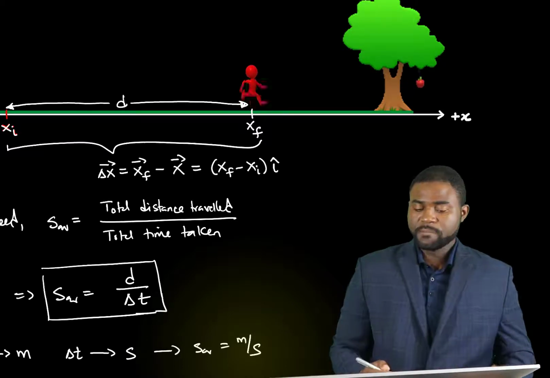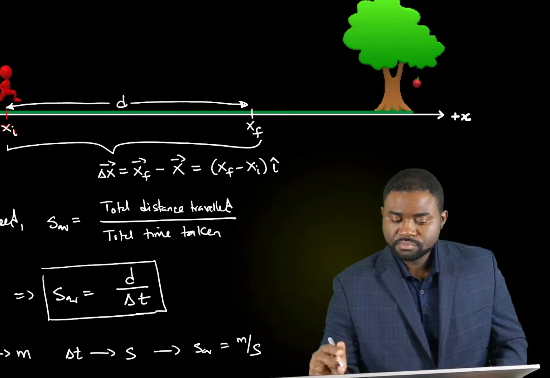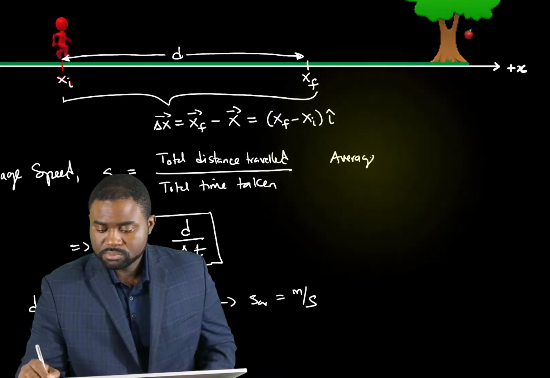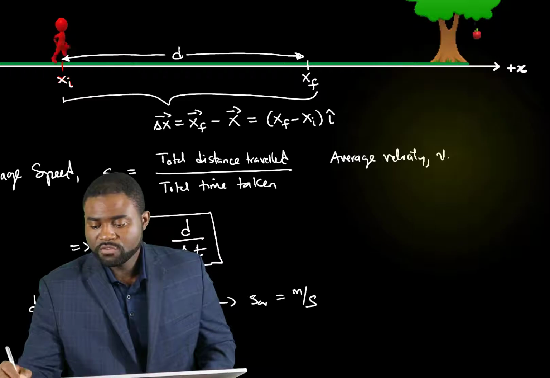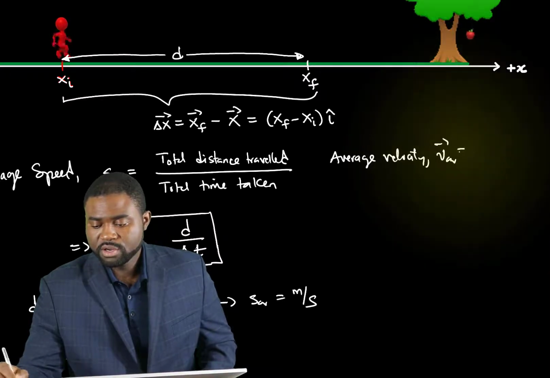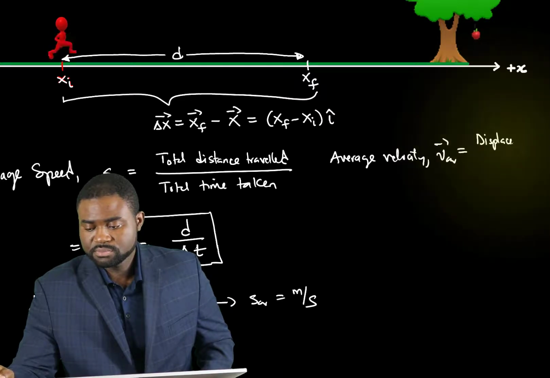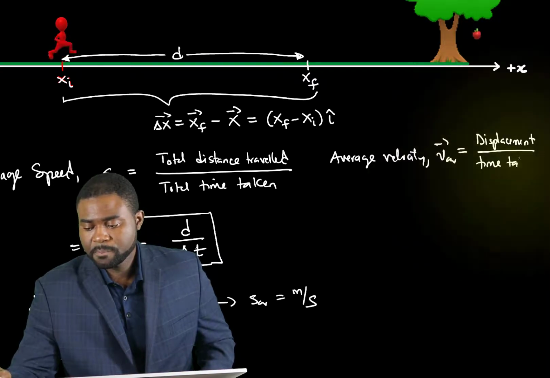On the other hand, average velocity, v average bar, is just the total displacement divided by the total time taken.